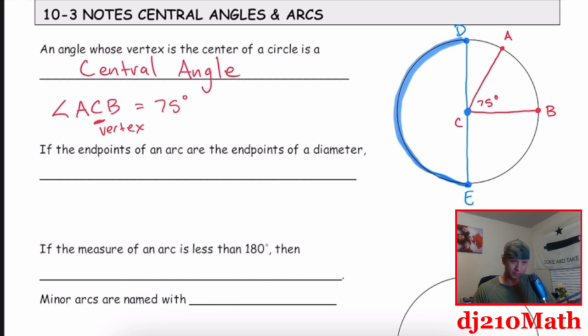So an arc is a length on the circumference of a circle. If the endpoints of the arc are endpoints of a diameter, then we say that the arc is a semicircle.